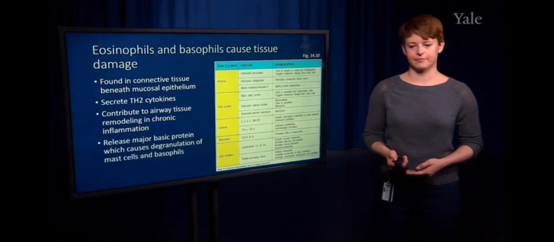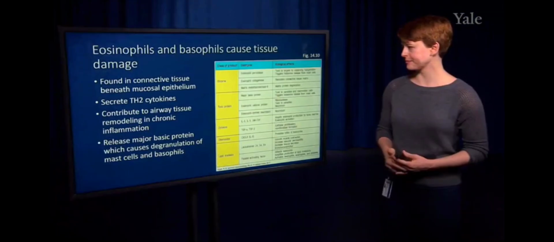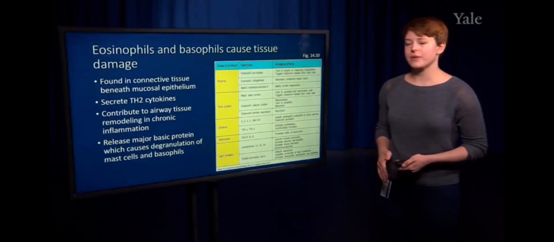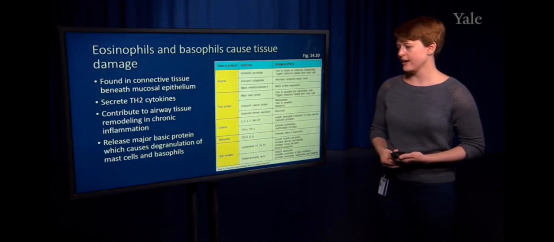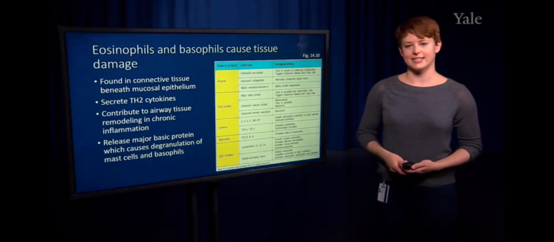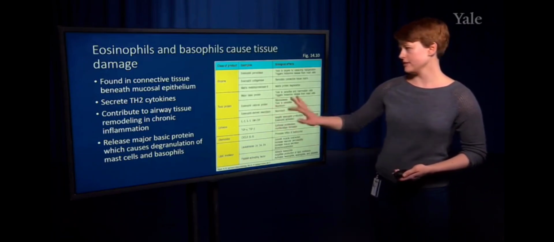And these eosinophils can also release something called major basic protein, and this can actually contribute to more degranulation of mast cells and basophils. And so we have a nice summary chart here in figure 14.10 showing the different classes of products that are produced by these cells, some examples, and the biological effects.